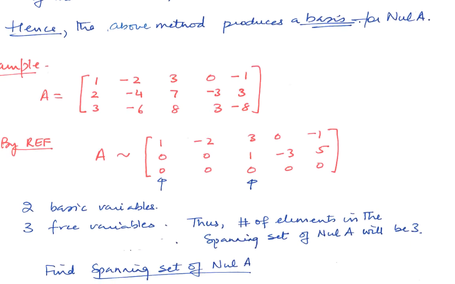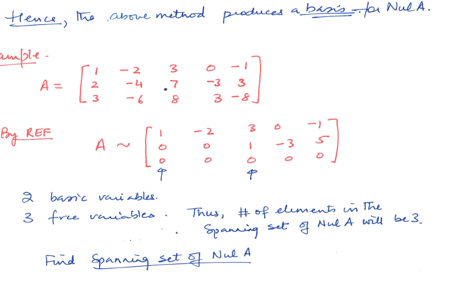So here's an example. I have this matrix A, which is a 3 by 5 matrix. Now, remember, what we have learned is the null space of A is a subspace of R5.